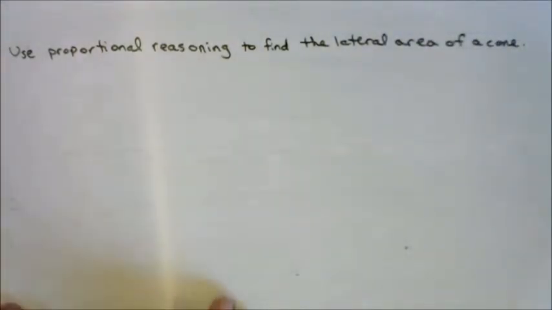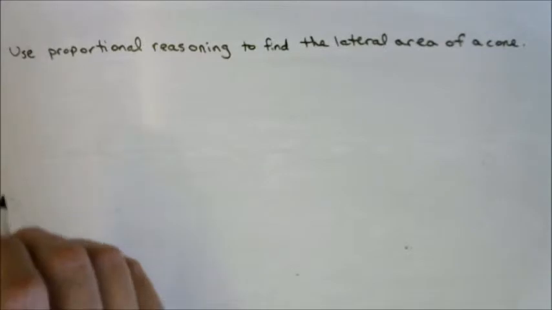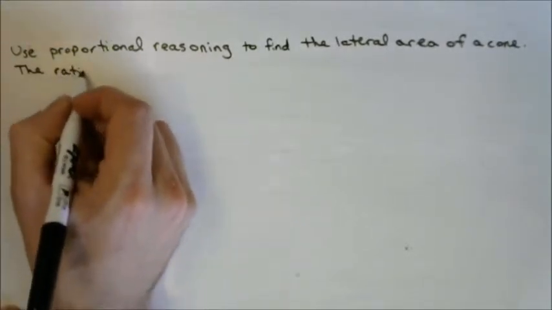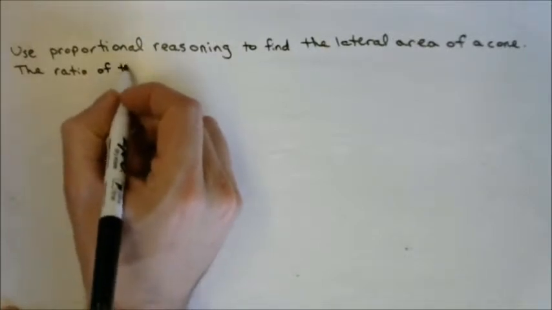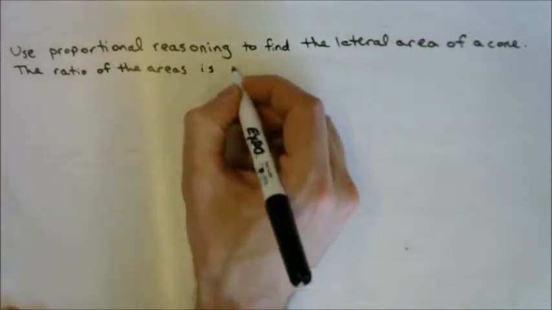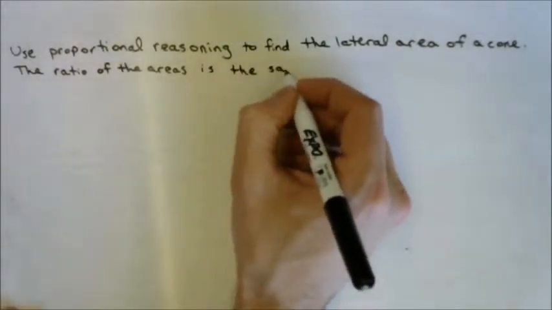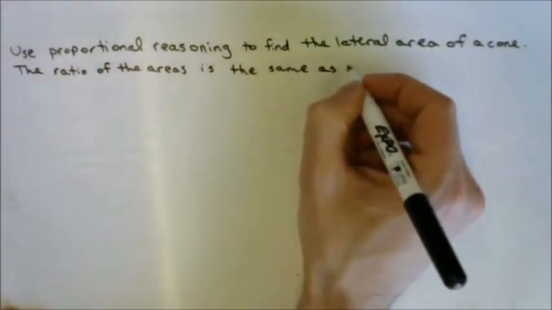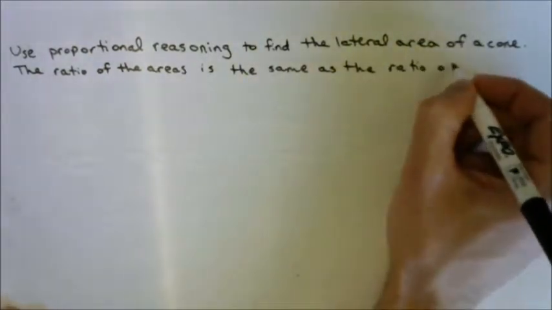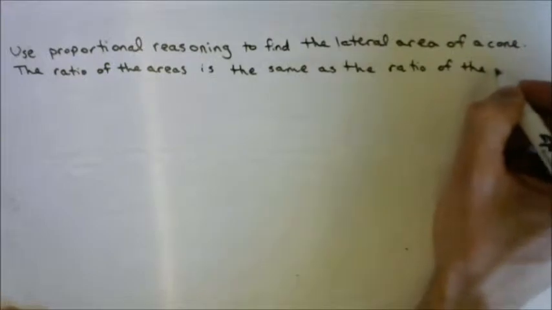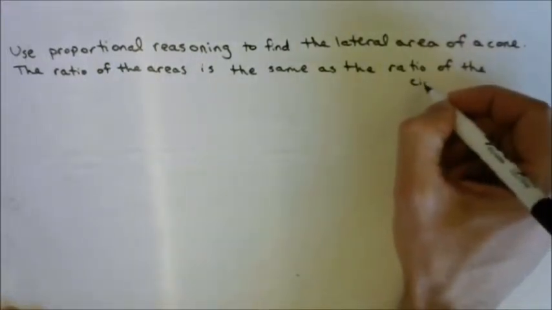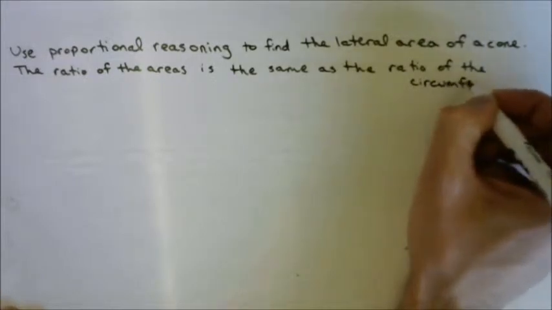Use proportional reasoning to find the lateral area of a cone. The ratio of the areas is the same as the ratio of the circumferences. I'll explain that in a second.